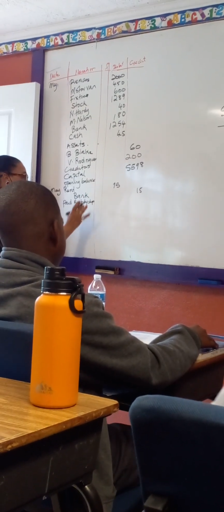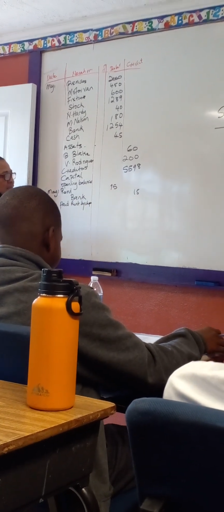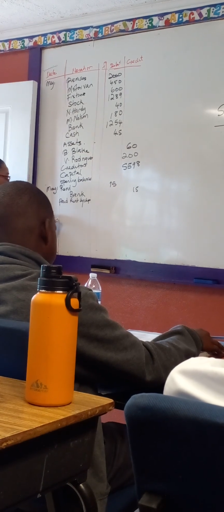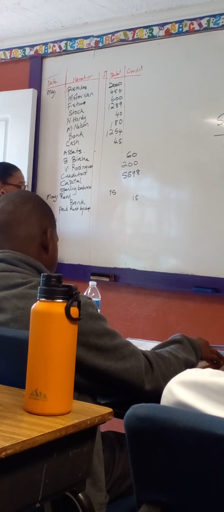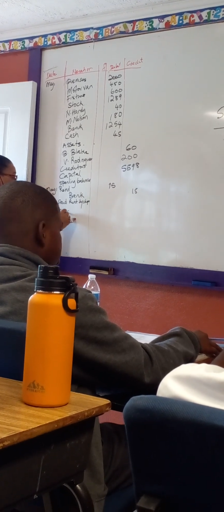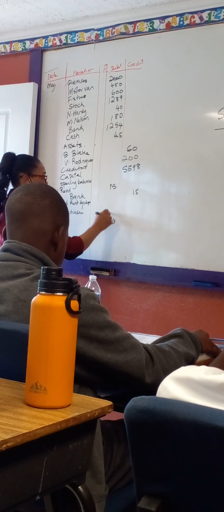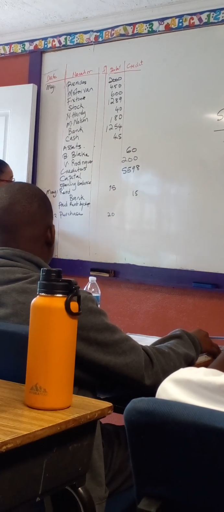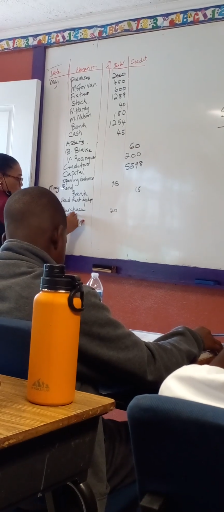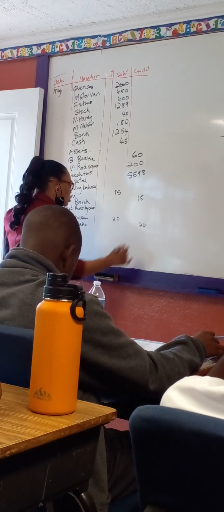Okay, next transaction. May 2nd. What happened on May 2nd? Goods on credit from B. Blake. So I am going to debit purchases. How much? $20, and I'm going to credit B. Blake for $20.